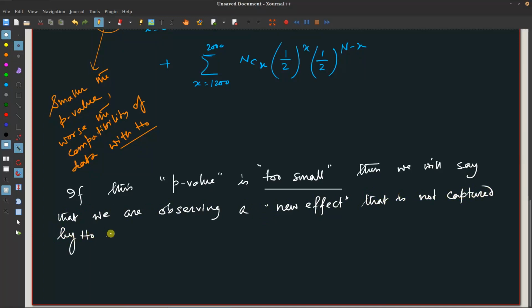Now, how do I quantify this too small? In other words, what is the cutoff value of p beyond which we'll conclude that there is a new effect?